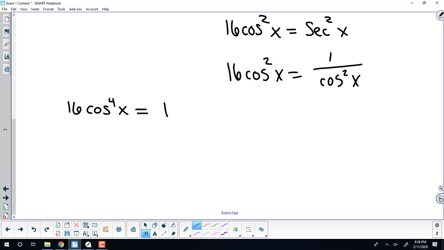So I guess there's a few ways to think about it from here, but now we only have one trig function to worry about. So we could, I don't know, divide 3 by 16 and take the 4th root of both sides, get positive, negative, whatever. We could rewrite this as one thing, and then factor that as a difference of squares.